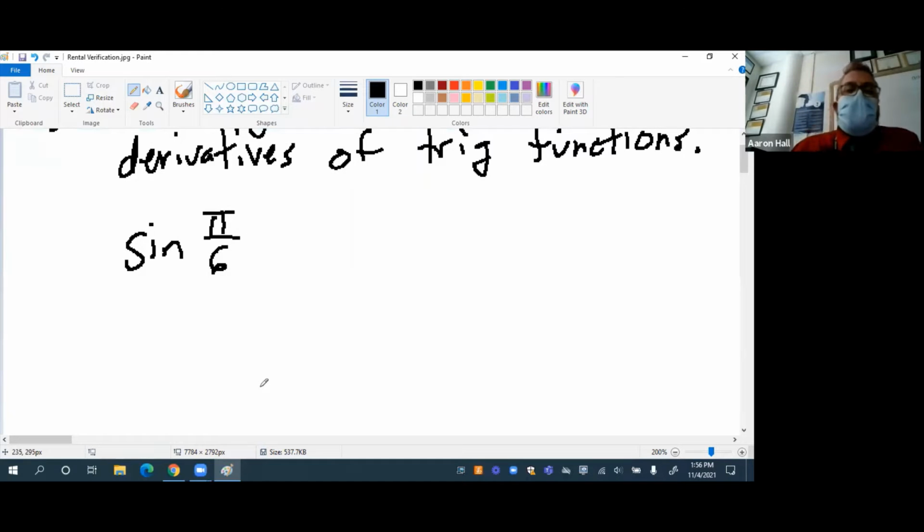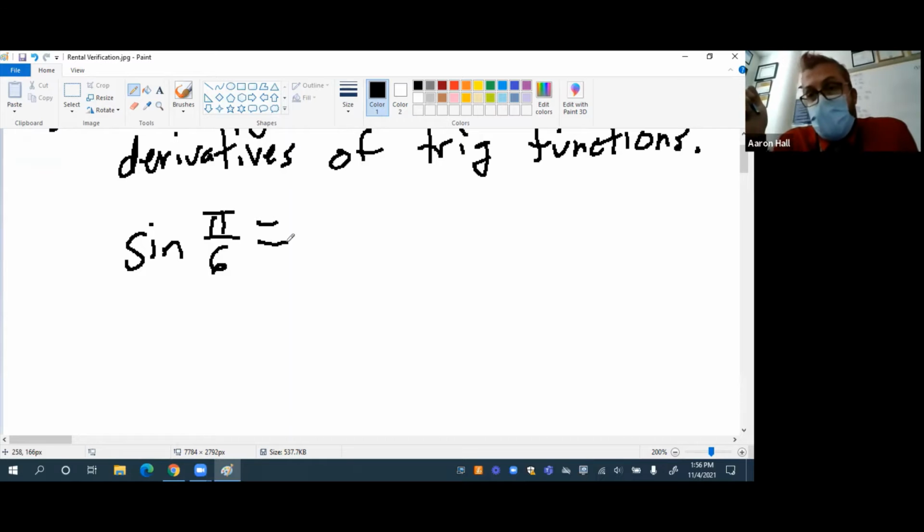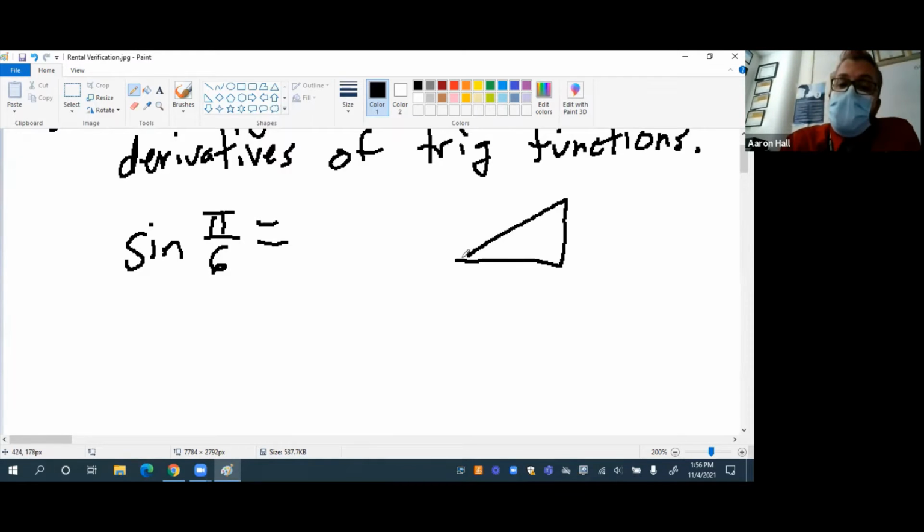Because pi over 6 is one of our special angles, this could be a non-calculator based question. So how would I figure out what sine of pi over 6 is? I could draw this out and say that this is our 30, 60, 90 degree angle.